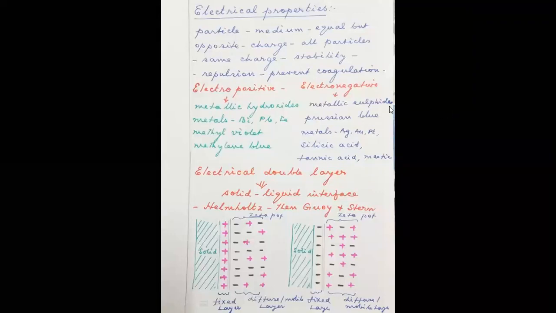Whereas metallic sulfides, the pigments like Prussian blue, metals like gold dispersion, silver dispersion, platinum, silicic acid, tannic acid, or mastic, these are all electronegative colloids.